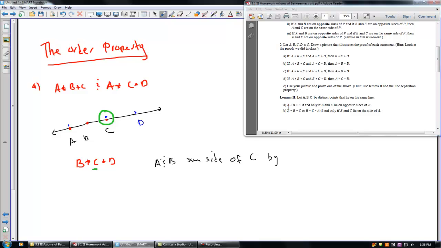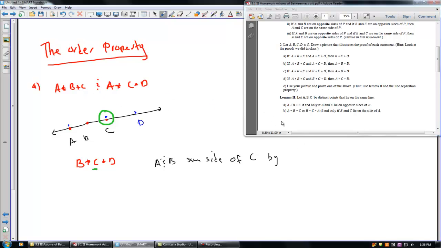So this is by lemma 2. If you have A, B, and C, we know that B and C lie on the same side of A. Or we could rewrite this: instead of writing ABC, you could write CBA. Notice that this ABC and this ABC are not necessarily supposed to say the same thing.